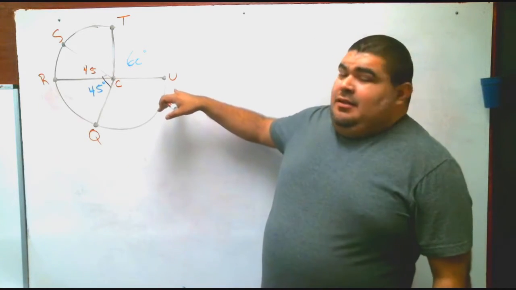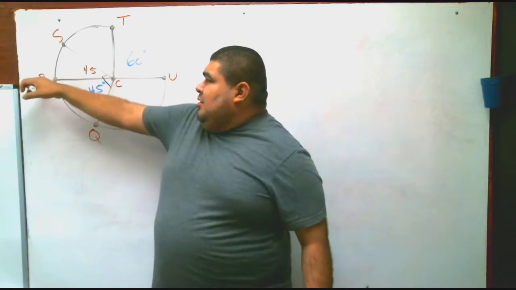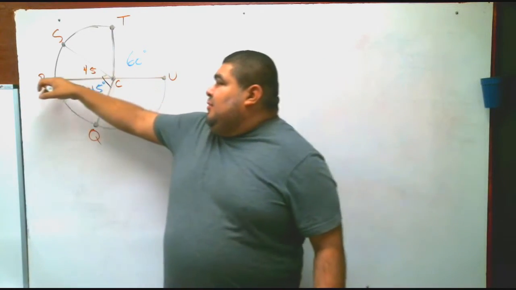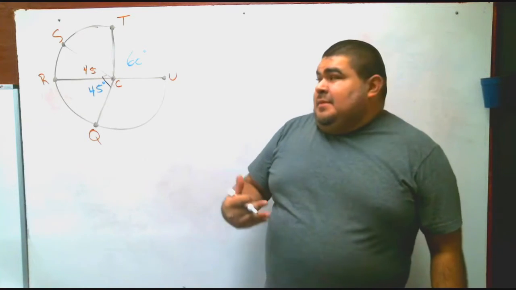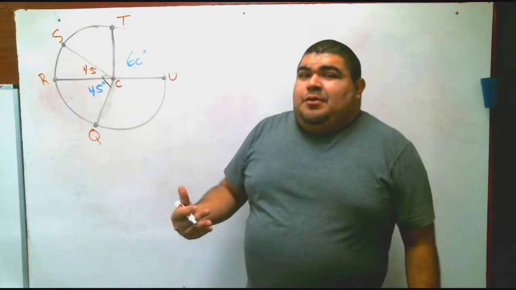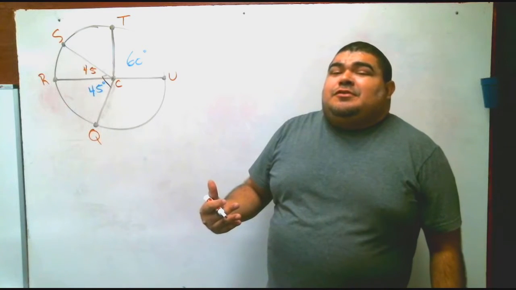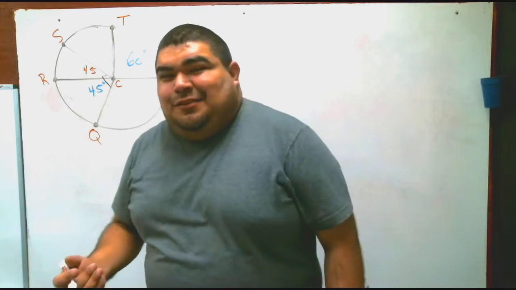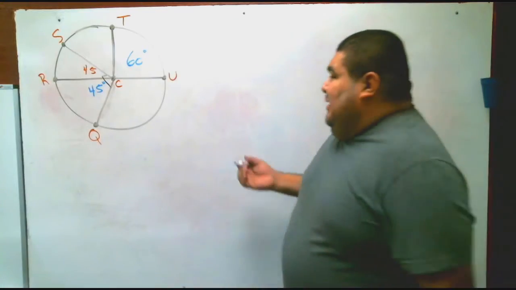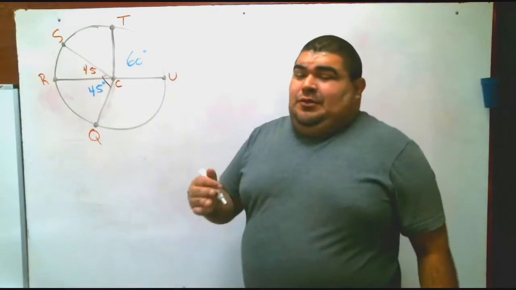If you look at it, UR cuts our circle in half. That means that, you guys remember what is the measurement for a circle from the previous concept? 360, okay? So we know that the measurement of the whole circle is 360.